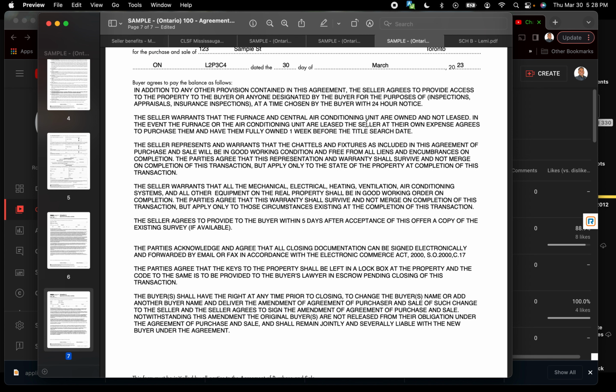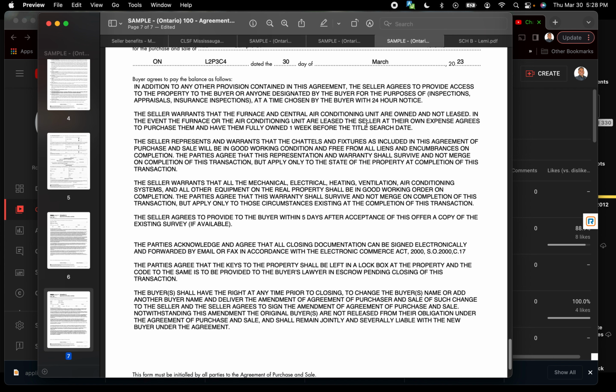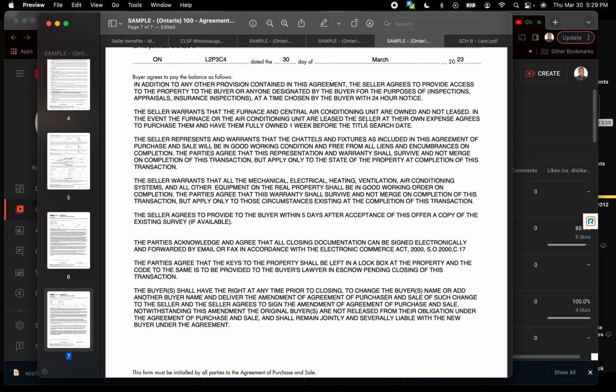So we want to ensure that because we want to make sure that this home's heating and cooling system is paid before we go into there, unless otherwise we agree to other terms for the AC and furnace. In the event that the furnace or the AC are leased, the seller agrees to purchase them 1 week before the title search date.